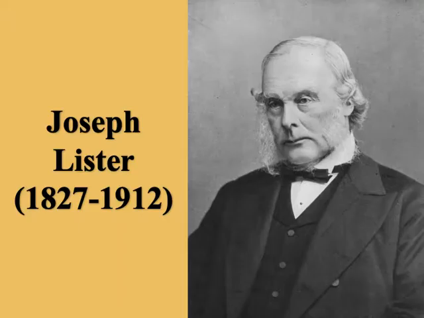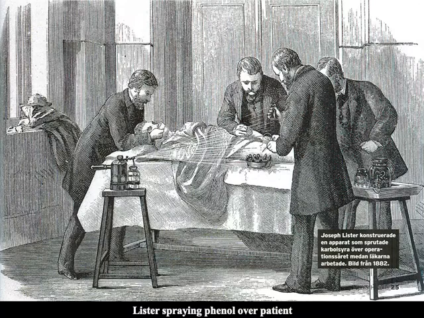Joseph Lister, working off some of the conclusions of Louis Pasteur and his discovery of bacteria, is important for developing Listerine and also for safer and more hygienic surgical practices, as well as using phenol over patients in order to kill bacteria and provide a more hygienic environment for surgery.